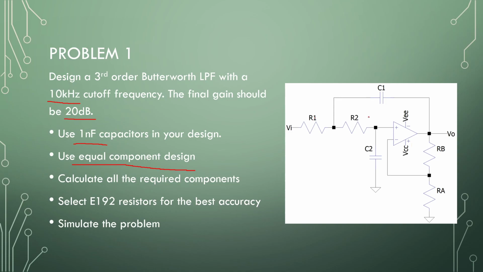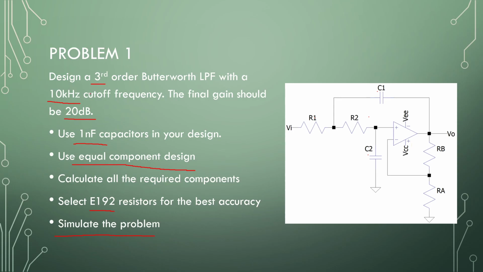So R1 and R2 should be the same, C1 and C2 should be the same, RA and RB will be quite different. So we must calculate all the required components and select E192 resistors for the best accuracy. So better resistors, better filters. And lastly, we will simulate the problem and have a look.